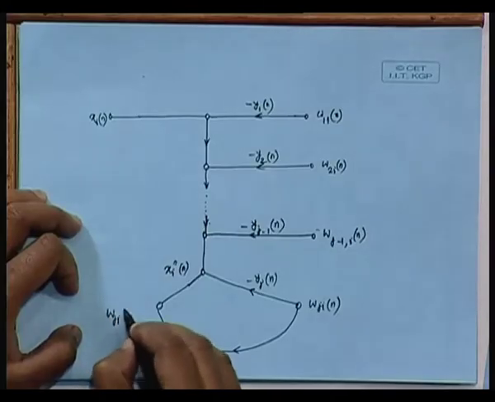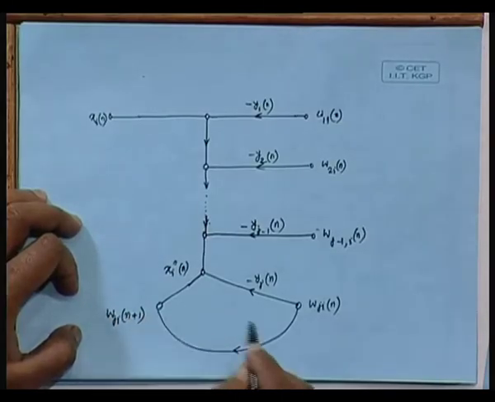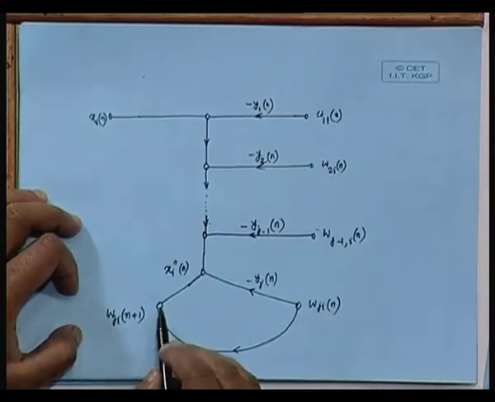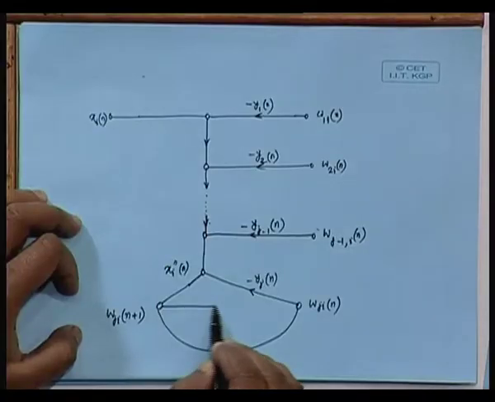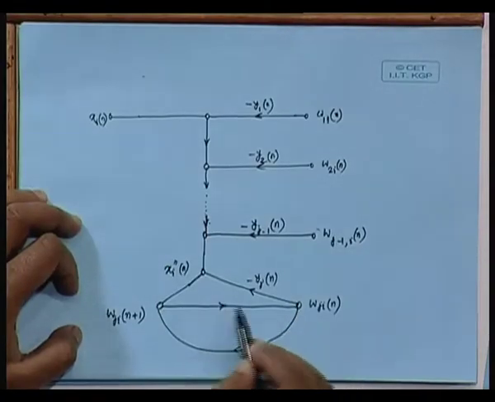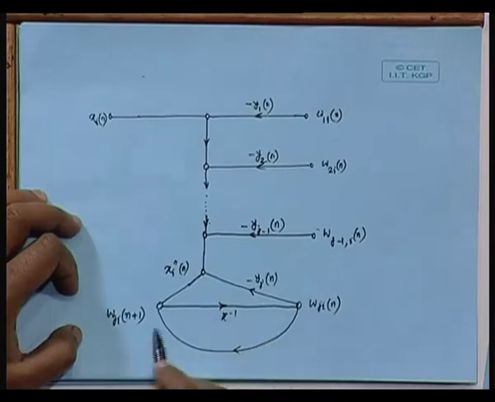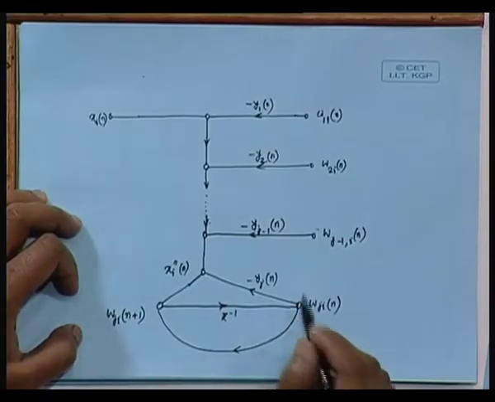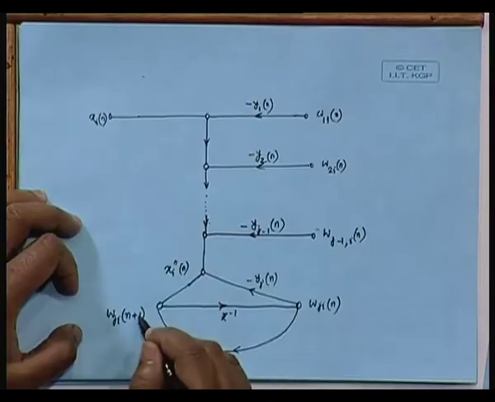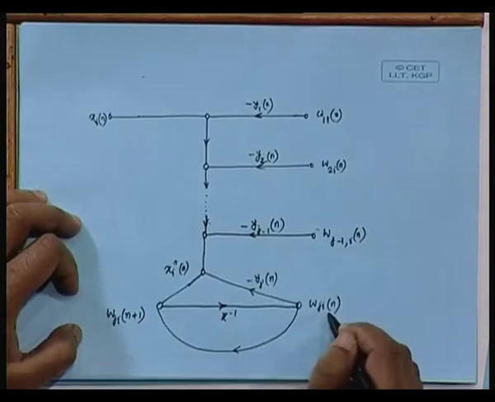So this is w j i n plus 1. In fact, w j i n plus 1 and w j i n will be related by 1 unit delay, because if you introduce 1 unit delay between this and this, then from w j i n plus 1 we can get w j i n.